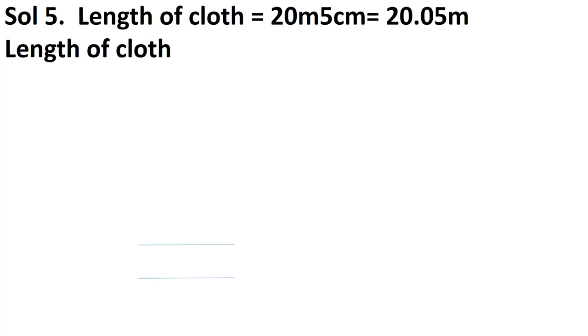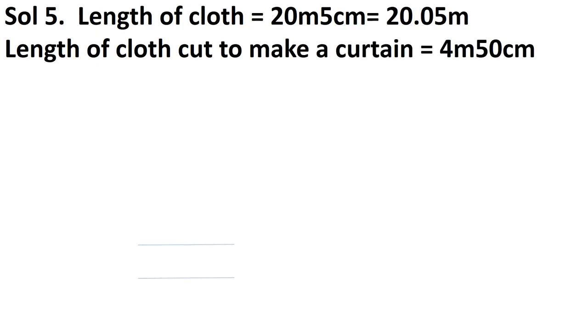Question number 5. Tina had 20 meter 5 centimeter long cloth. She cuts 4 meter 50 centimeter length of cloth from this for making a curtain. How much cloth is left with her? Again we have to find out leftover cloth. That means we will subtract.